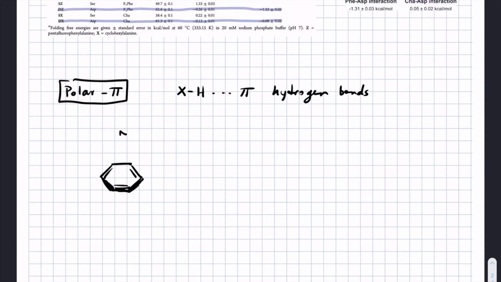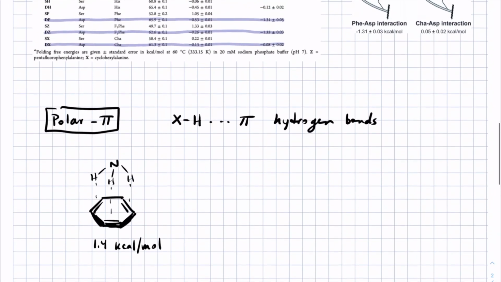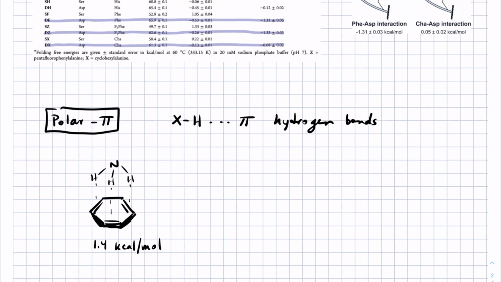You could imagine ammonia directing its electron-poor hydrogens toward the benzene ring. In the gas phase, this is worth about 1.4 kilocalories per mole, so much weaker than the cation-pi interactions, which are worth 20-ish kilocalories per mole in the gas phase.